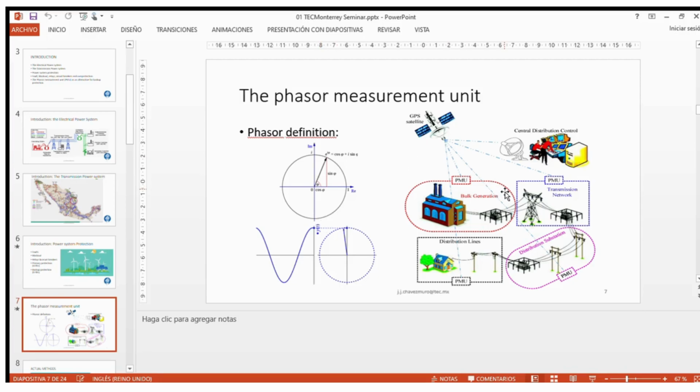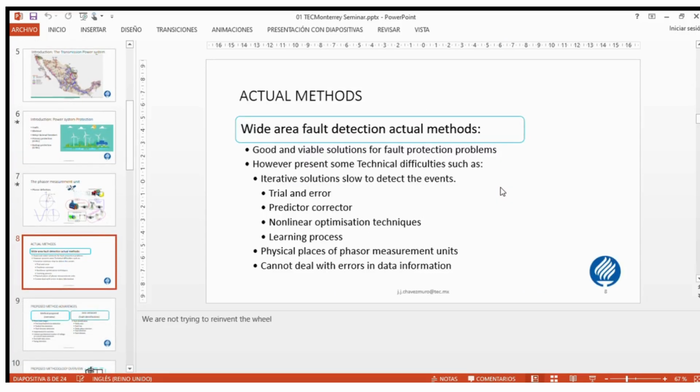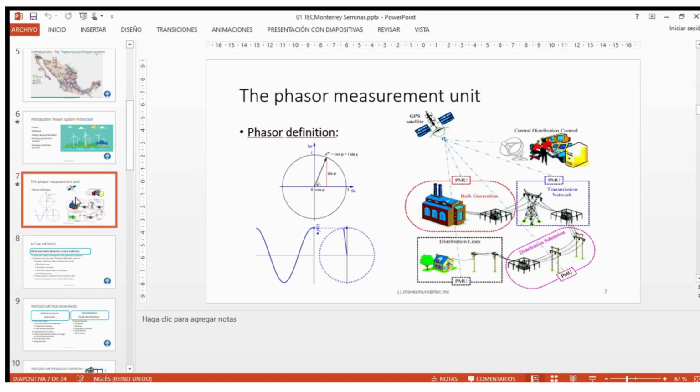So now we know what a phasor measurement unit is. They collect all the phasors and then send them to the control room. There are many proposed methodologies in the literature to protect. Sorry, before starting with this, I can say that here we can send the data from all around the system.